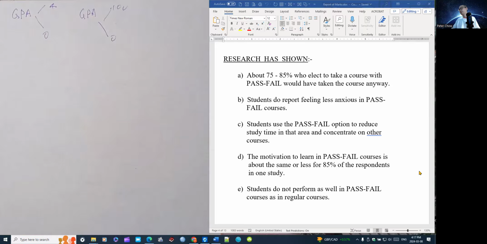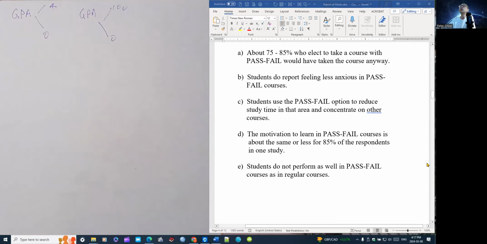Another observation is that students do report that they feel less anxious in pass-fail courses. And students do use the pass-fail option to reduce study time in that area and concentrate on other courses.